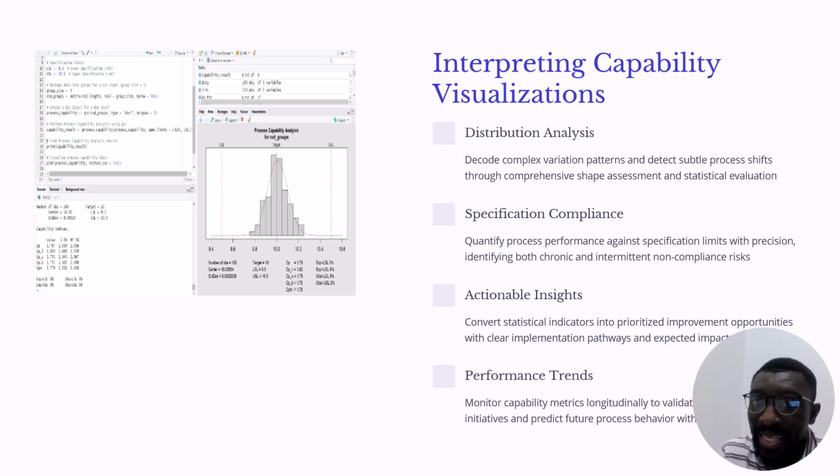It converts the indicators into prioritized improvement opportunities with clear implementation pathways and expected impact. And also it shows the performance trends, which monitor the capability metrics of how our process is doing. And we also use programming to accelerate the process here and make things easier.